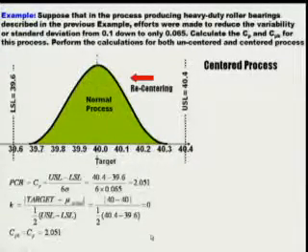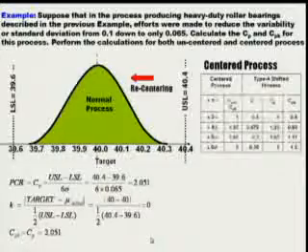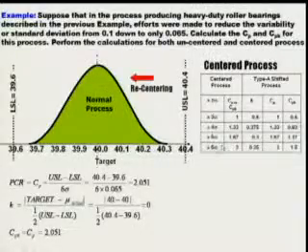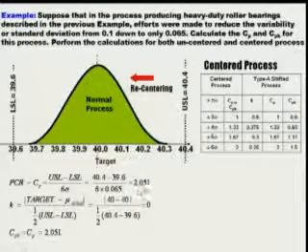So now we're dealing with a 2.05 PCR, and that is indeed a 6 sigma process, because if you look at the 6 sigma, we have a CP of 2. We have here a CP of 2.05. So that's definitely 6 sigma. And we don't have to worry about the CPK because the process is not off center.